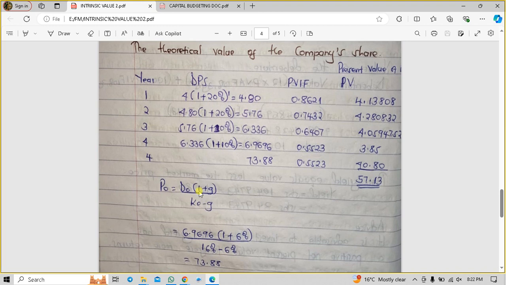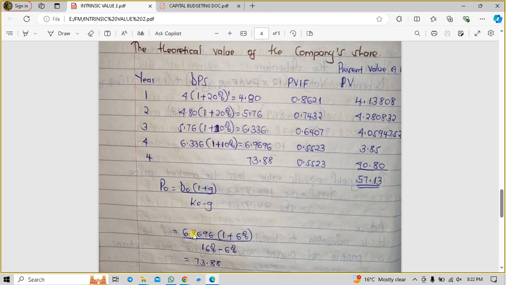From there, for us to get this figure, we use the same method for the value or price of share, using D0, the previous dividend. Here we want to calculate the dividend for the indefinite period.